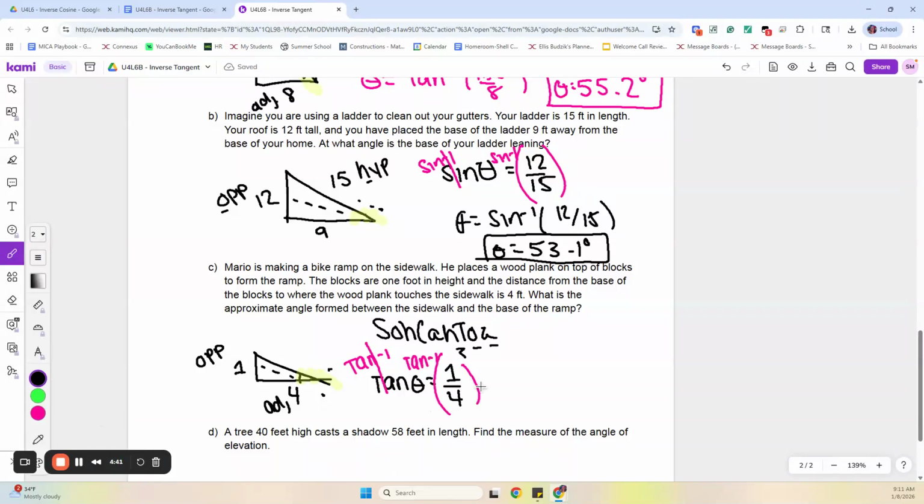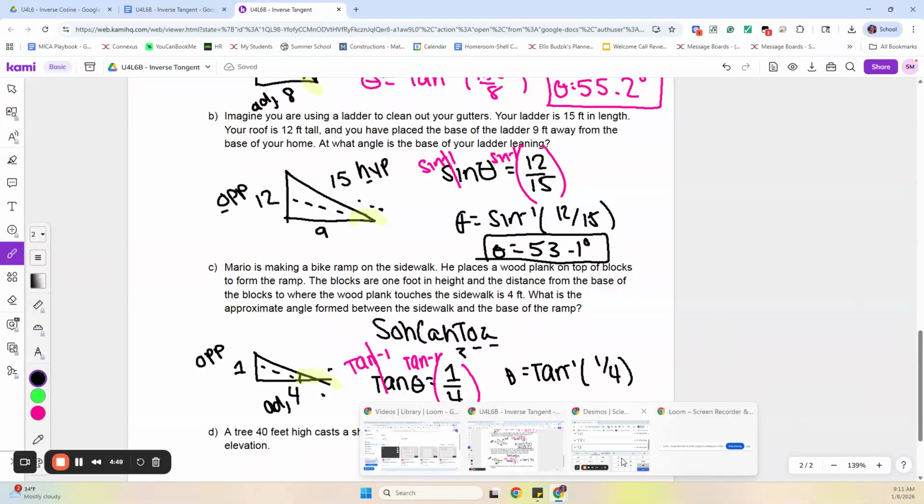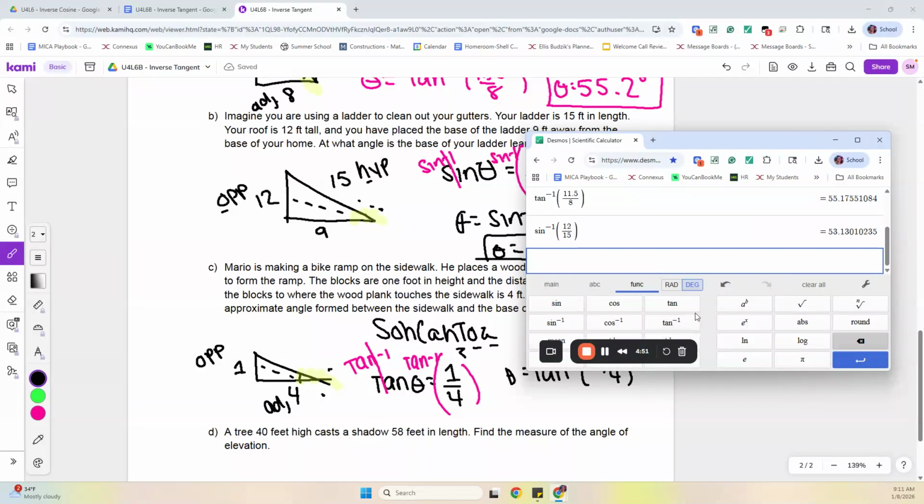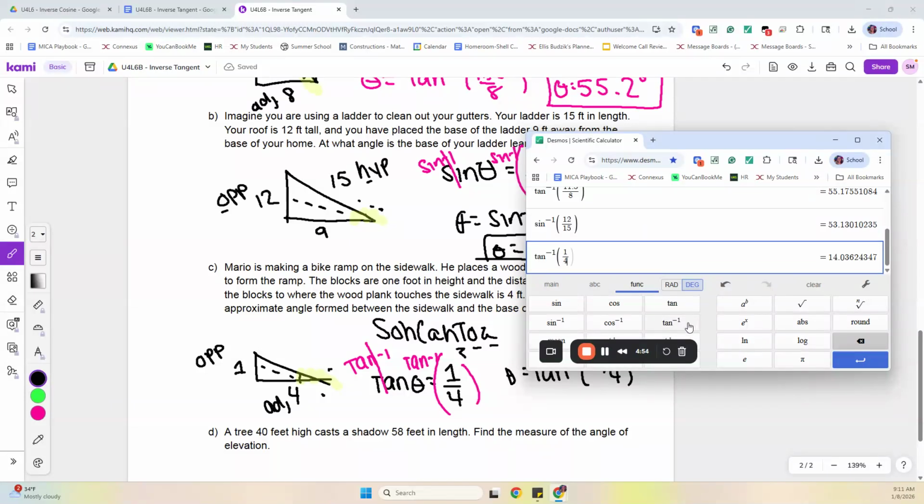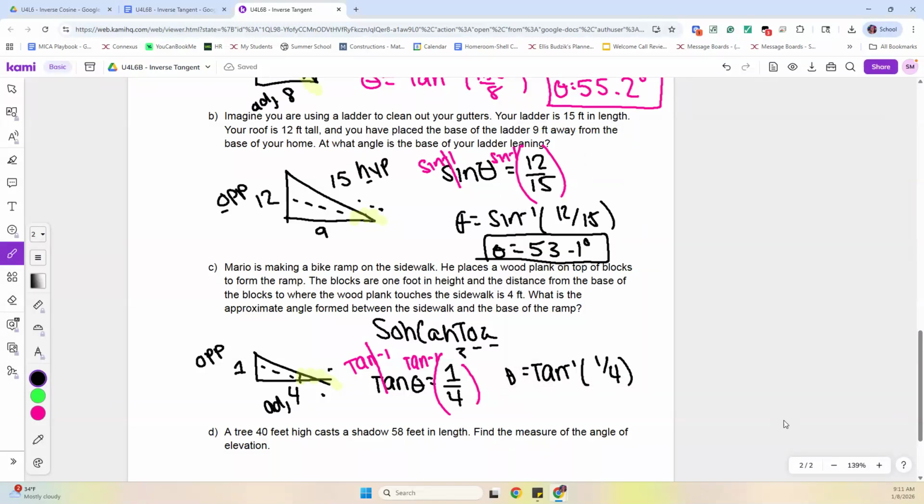So we get theta equals tan inverse of 1/4. So tan inverse of 1/4, and we get almost 14 degrees. So theta equals 14 degrees.